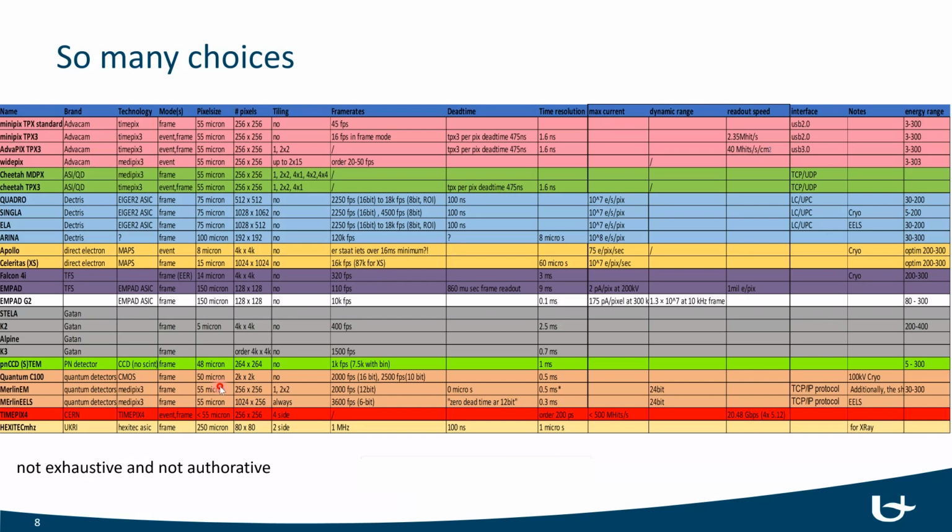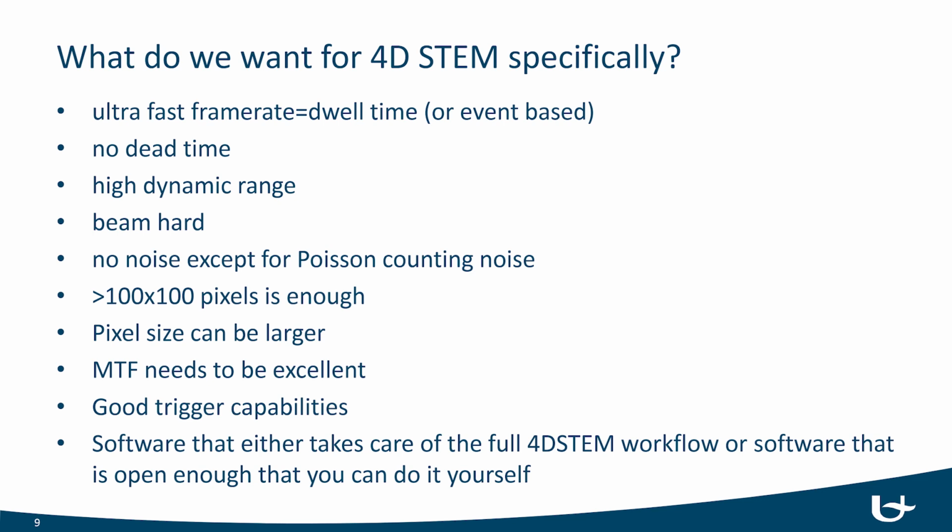So choosing the right camera for 4D STEM is not an easy task. There are many parameters, and depending on what you really want to do, one might be better for you than the other. But just to say, there is a lot of options out there, and figuring out what you need may not be as easy.